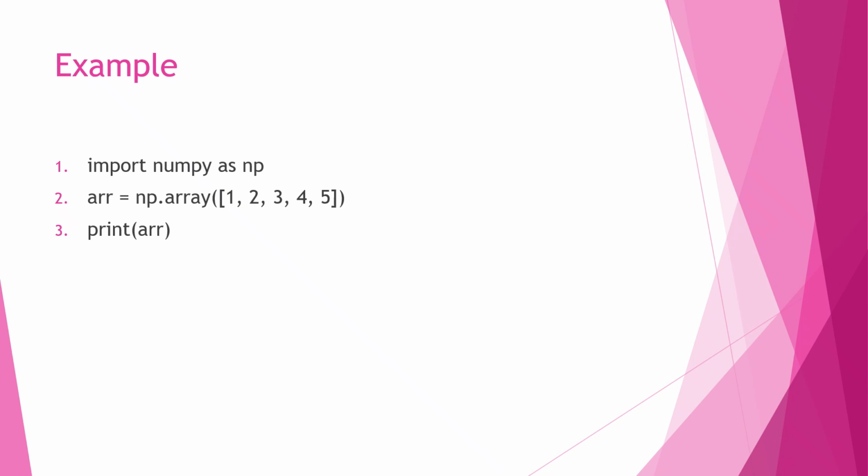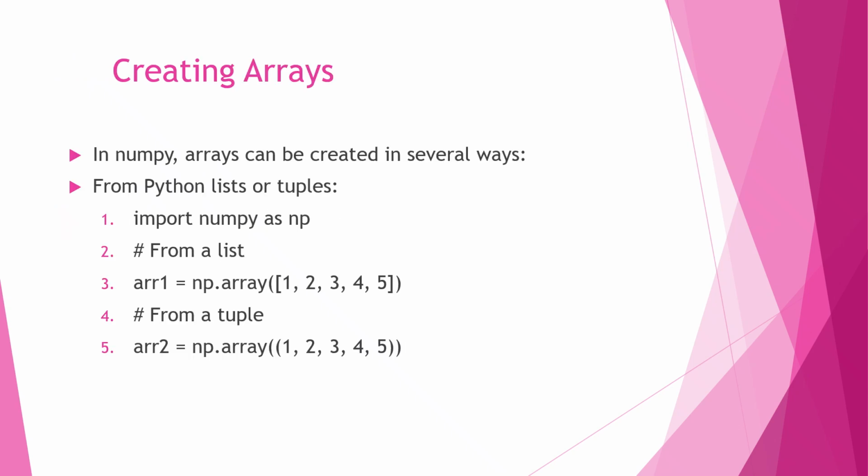The left hand side is the NumPy array name, and on the right hand side we call the array function and pass a list that contains 5 items. So it creates an array with these 5 elements. This is a one-dimensional array, and we can also create multi-dimensional arrays. We can apply various operations on it.